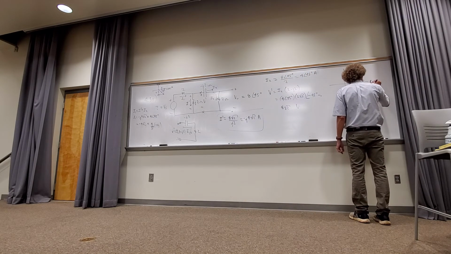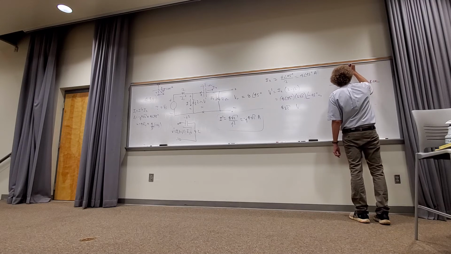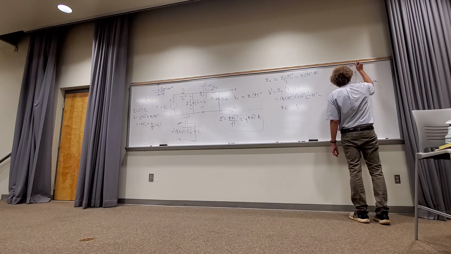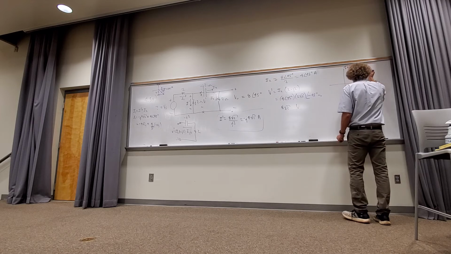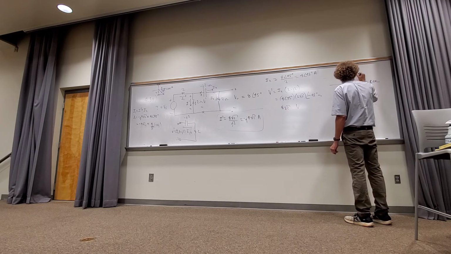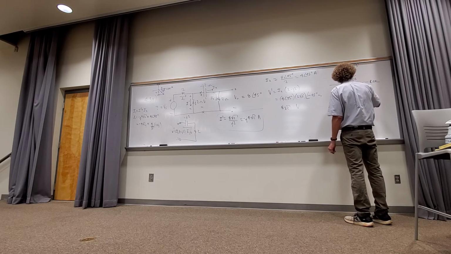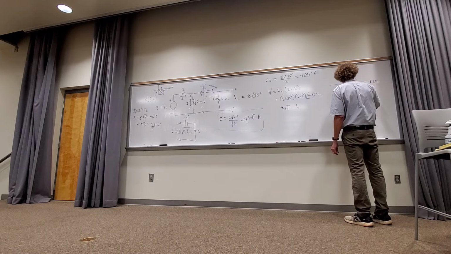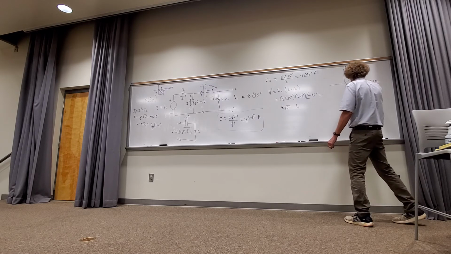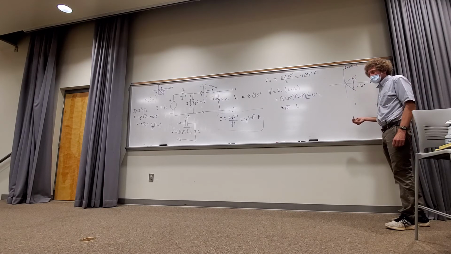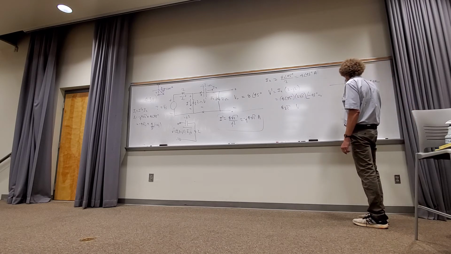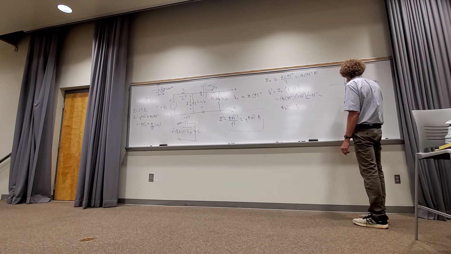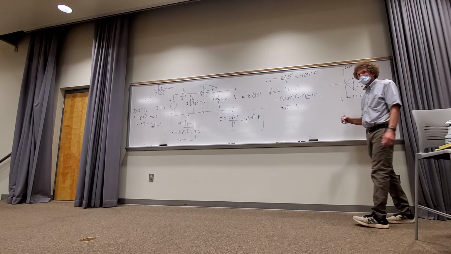If this is the real axis, the horizontal, and this is the imaginary axis, or the j-axis, then these are positive angles, and these would be negative angles, because they're measured clockwise from the horizontal. So minus j is right here, and it's the same thing as 1 at an angle of minus 90 degrees.